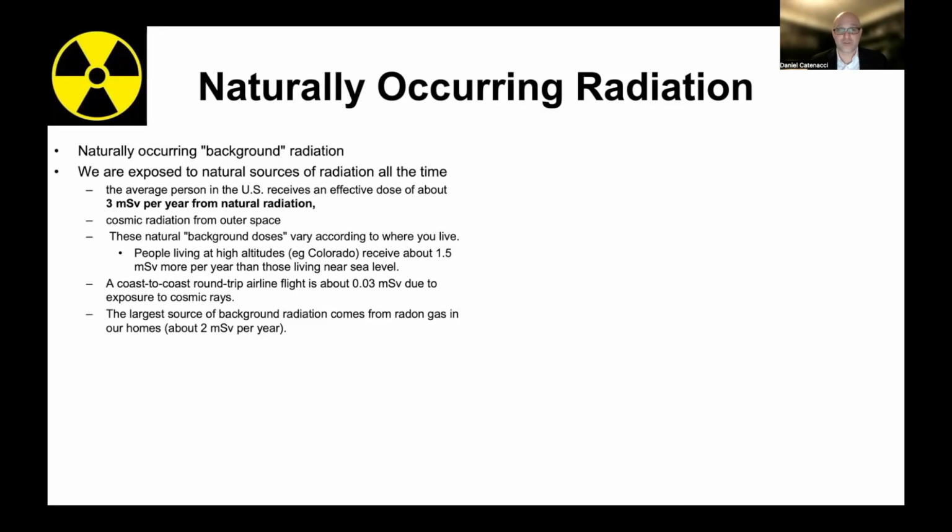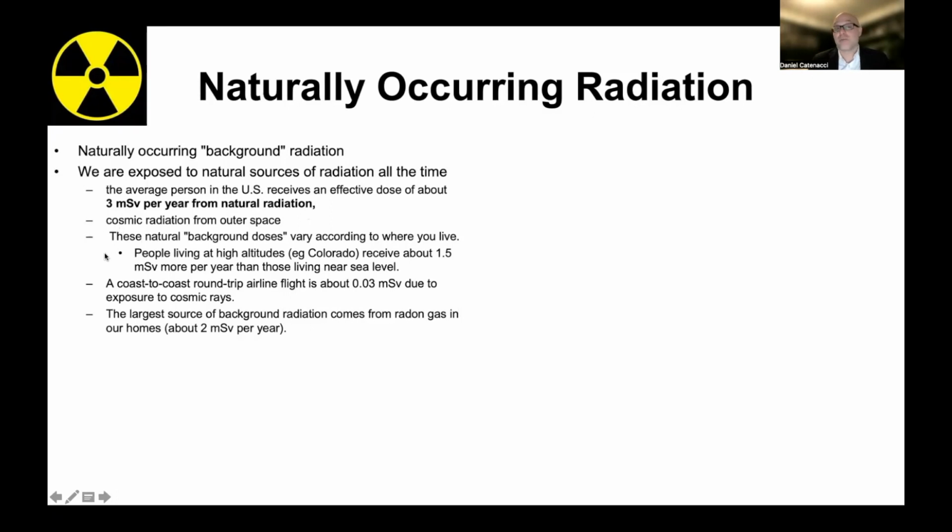And so in order to address that question, we first have to understand that we are always naturally being exposed to a background amount of radiation. There's natural sources. It's estimated that each of us has an effective dose of radiation of about 3 millisieverts per year. And some of that comes from outer space through cosmic radiation.